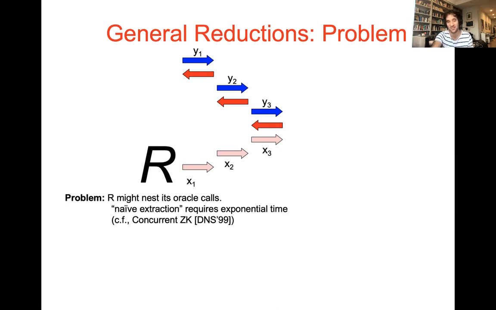And it turns out that if you would like to do the same type of rewinding the way we did in order to extract out these preimages, if the attacker nests these executions in this particular way, then that will just result in a blow up in the running time, and this extraction is going to run in exponential time. I won't go into details on this, but it's related to problems similar to those arising in the context of concurrent zero knowledge.